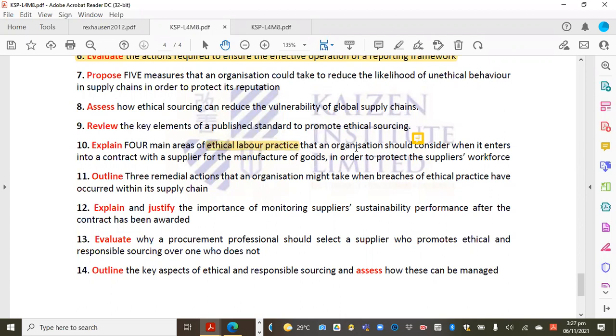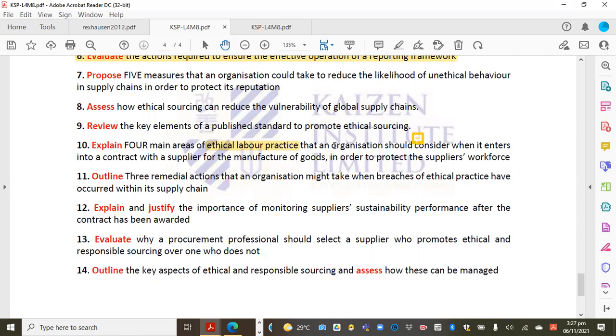So that is where the ETI base code comes in. So freedom of employment, or employment should be freely chosen. Freedom to join any association. No use of child labor. Workers must not work excessively, or avoid excessive working hours.